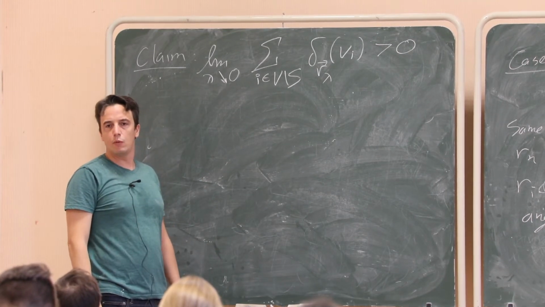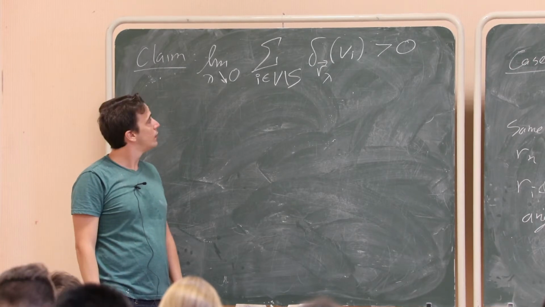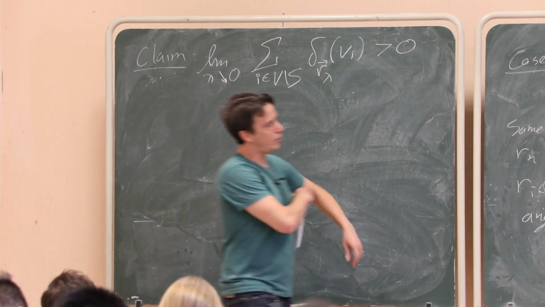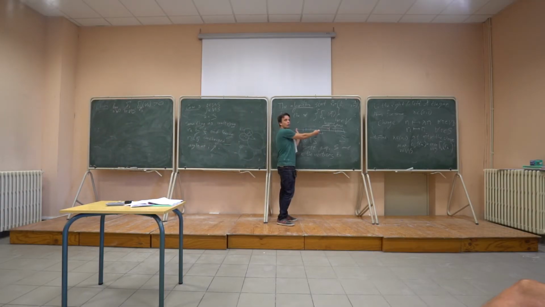Right? Why does this give me what I want? I know that as lambda goes to 0, if I sum the value of all the blue points on the left, it gives me a number that is bigger than 0. But we know that the sum of all the blue points is precisely 0.